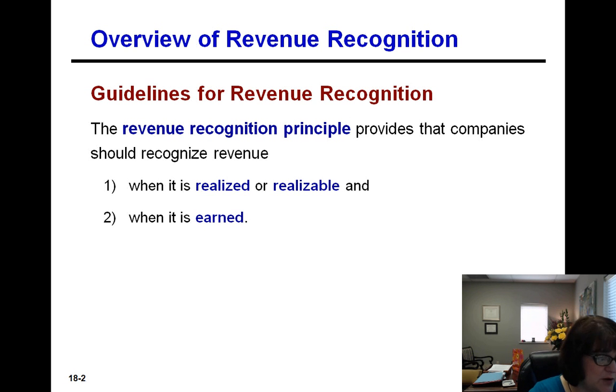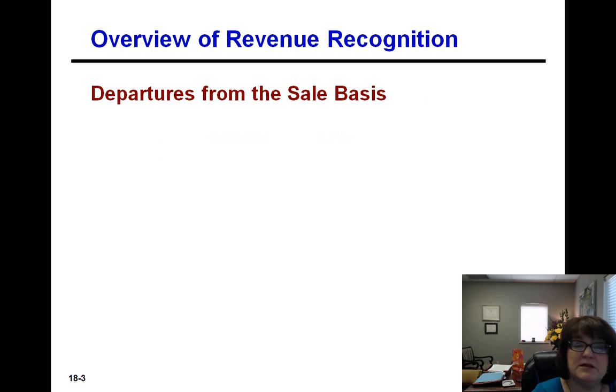Now, for the most part, when we talk about revenue recognition, we're going to talk about recognizing revenue at the point of sale, meaning when it is realized, realizable, and earned. The thing is, in this chapter, there are a number of exceptions to that rule, and we will spend a lot of time on the exceptions.